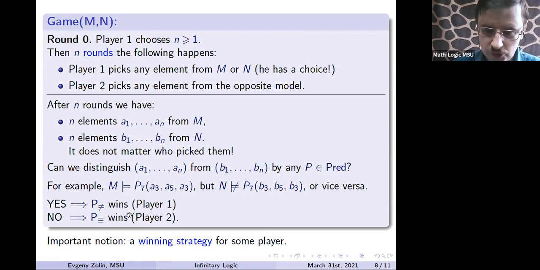Единственное, поправлю: слово алгоритм здесь ни при чем, потому что если у нас две структуры, одна мощности континуум, другая гиперконтинуум, то ни о каком алгоритме речи быть не может. Это просто некоторый способ. А что такое способ? Фактически это функция, которая по текущей позиции, то есть по тому, как они уже сходили, определяет, куда ходить.